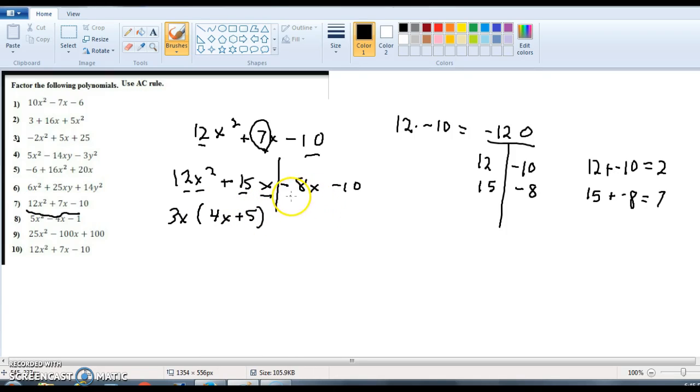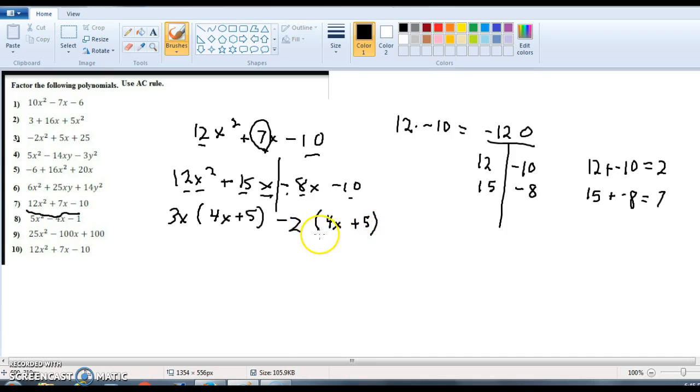And then for the second two terms, I have a leading negative, so I'm going to start with a negative. And let's see, 8 and 10 have 2 in common, so negative 2. When I factor out negative 2, I get 4x plus 5.